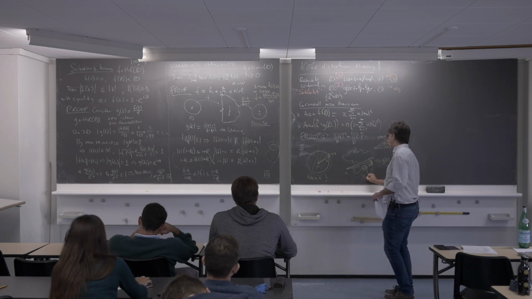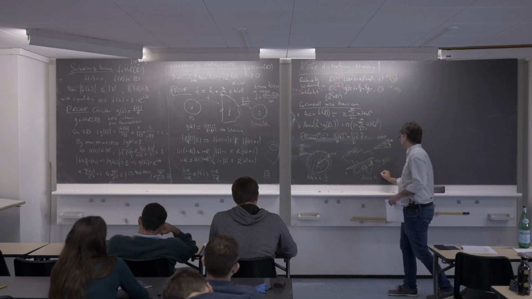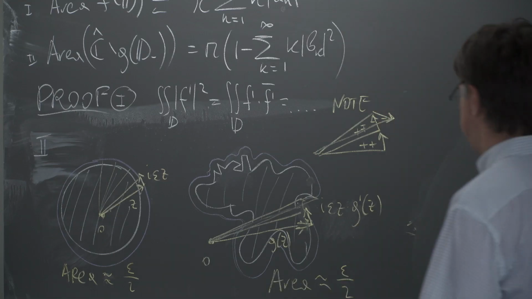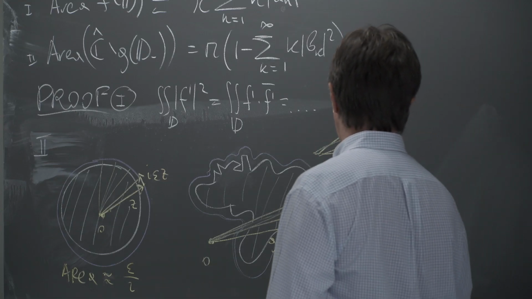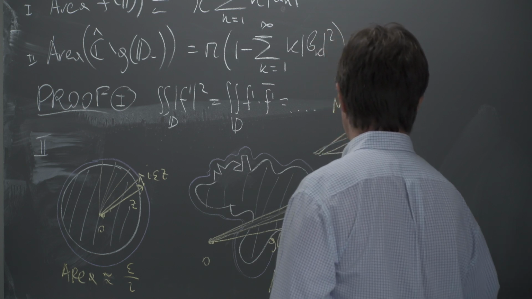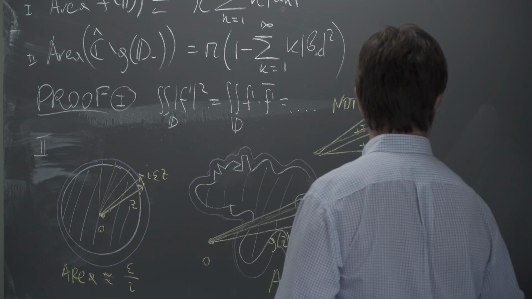Now here the area is approximately, again you will get epsilon over 2, but then what I claim is that it's the real part of g of z times z bar g prime of z bar.